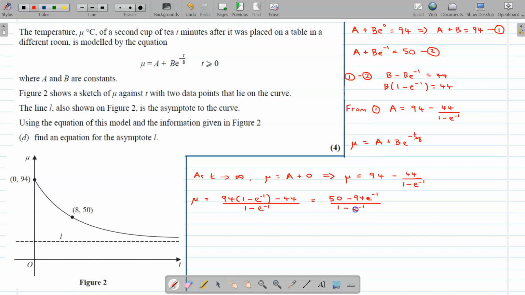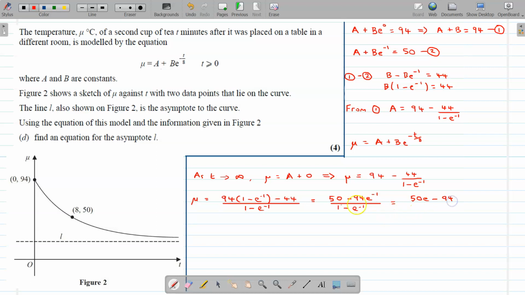Now remember 1 minus e to the minus 1 is 1 minus 1 over e. So if I multiply the numerator and denominator by e, that will give me a much tidier fraction without all those negative indices in it, and it will give me 50e minus 94.